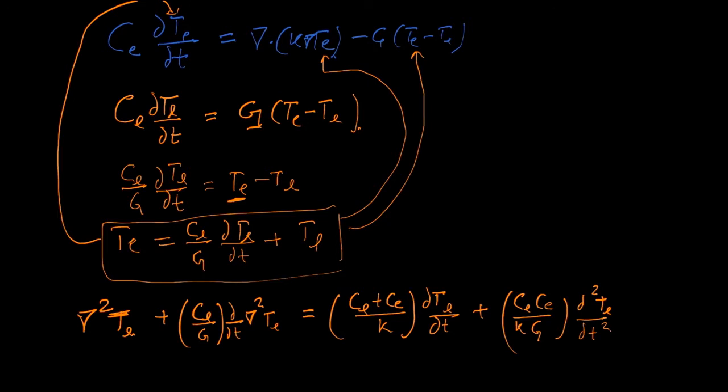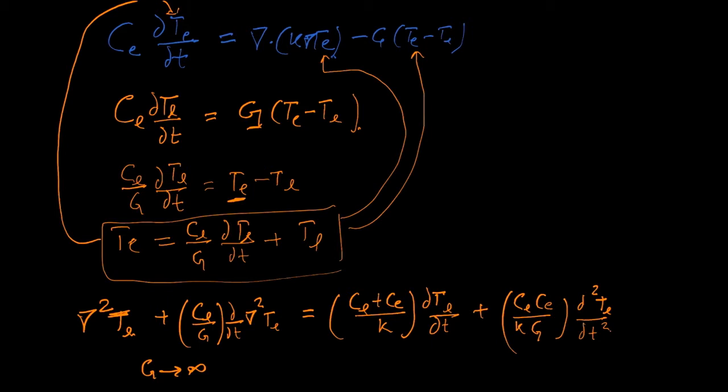From this equation, we could draw some conclusions. Let's say we take the coupling factor to be infinite, G tends to infinity. Basically the electron system can transfer heat to the lattice system at an infinite rate, which means they are always in equilibrium. If both are in equilibrium, it becomes simply a diffusion equation.